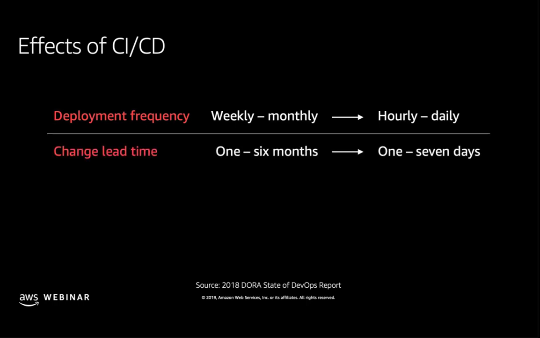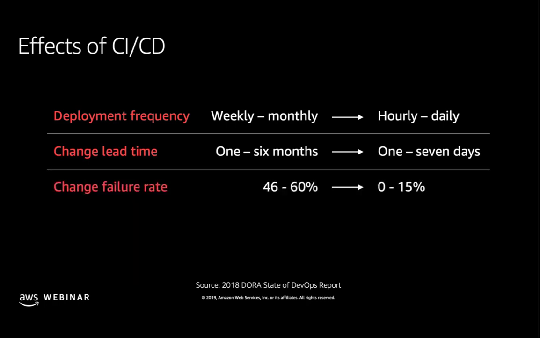They can reduce their lead time, so the time that it takes for code to get from being code to being in production, from 1 to 6 months to 1 to 7 days. And they can reduce their change failure rate, so basically a bad deploy or introducing some kind of problem into production, from 46 to 60% of the time to 0 to 15% of the time.